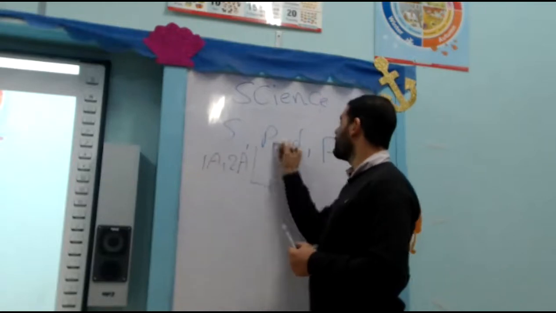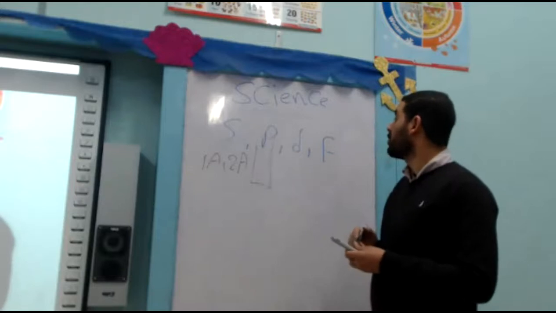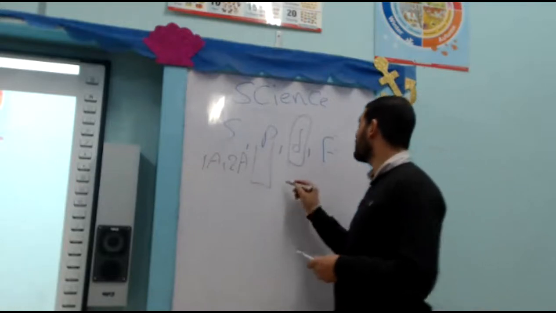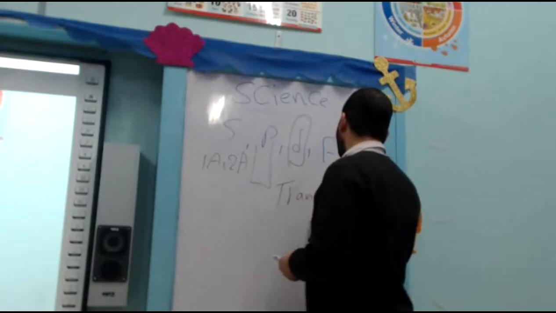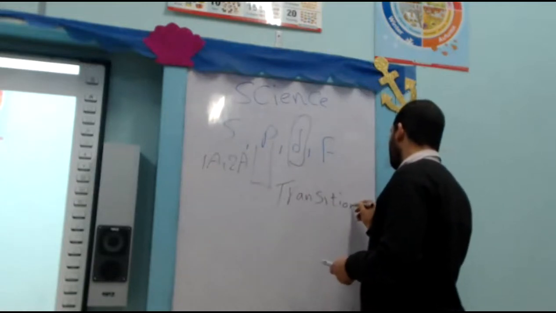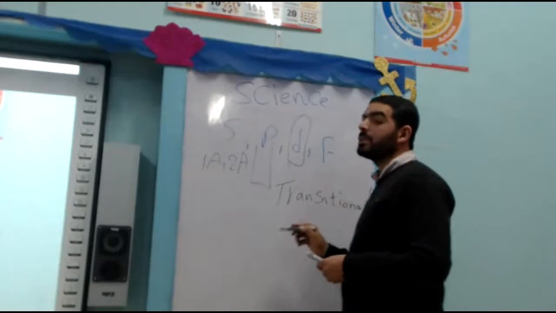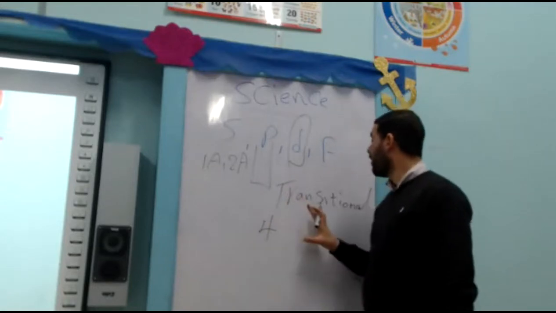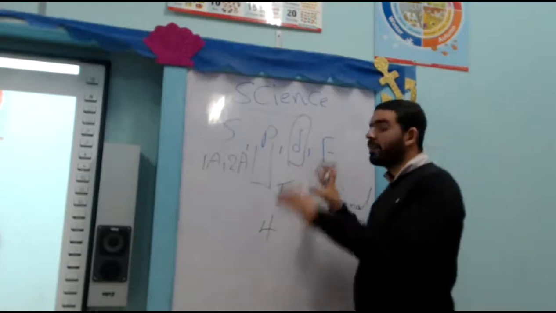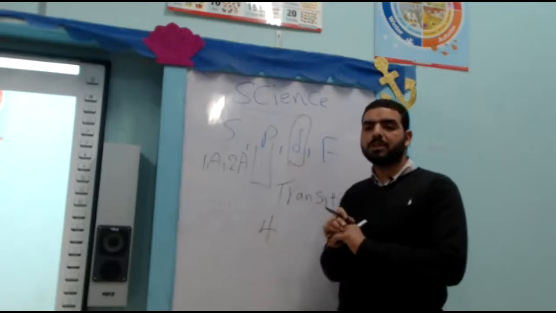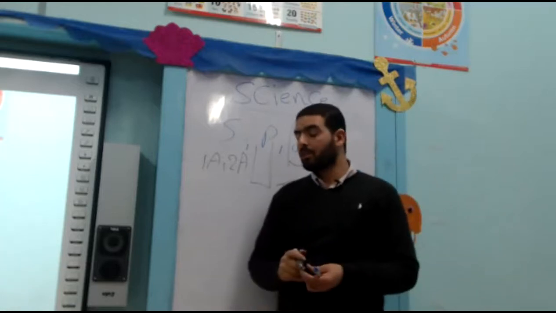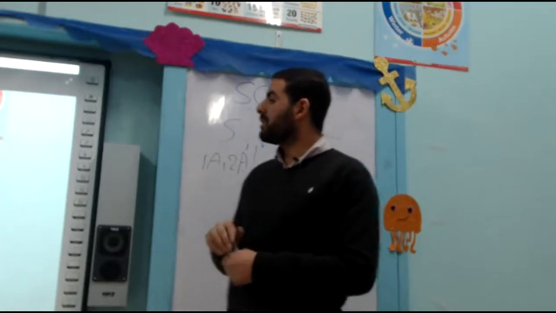P block contains 6 groups, while the elements of D block are called transitional elements, and they begin to appear from period number 4, and they are located in the middle of the modern periodic table, while F block elements are located below the periodic table. So let's return back to our question.